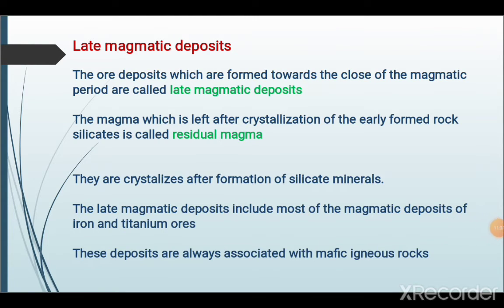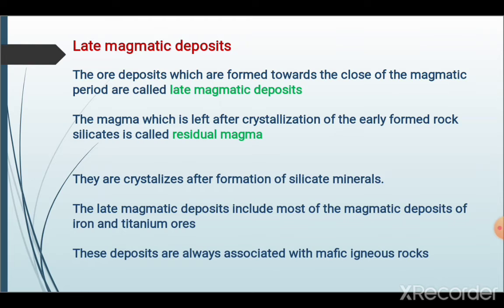The late magmatic deposits contain those ore minerals which have crystallized at rather low temperature from residual magma. What is residual magma? The magma which is left after crystallization of the early formed rock silicates is called residual magma.